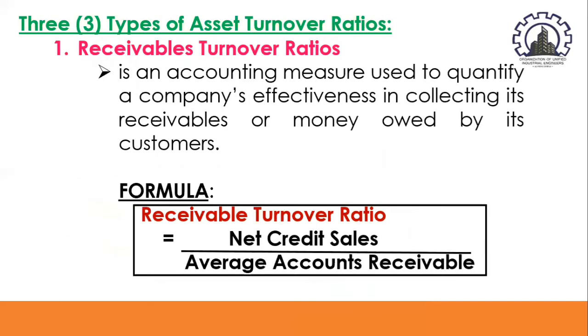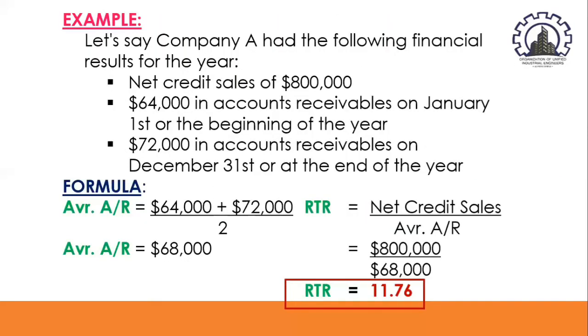Now remember, in calculating the receivables turnover ratio, our formula is net credit sales over the average accounts receivable. We cannot compute the ratio yet if we don't have the value of our average accounts receivable. So the very first thing we need to do is get the average, or the mean, of our accounts receivable.